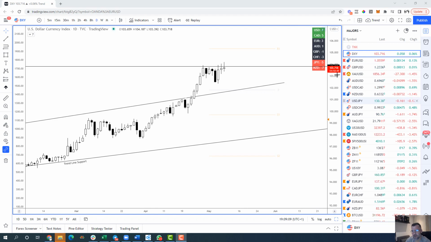So real interesting situation right now where we're looking at US dollar at extreme highs, and like I said, for the past few weeks it's not an area that I really want to be buying unless we see some deeper retracements. Let's take a look at gold.